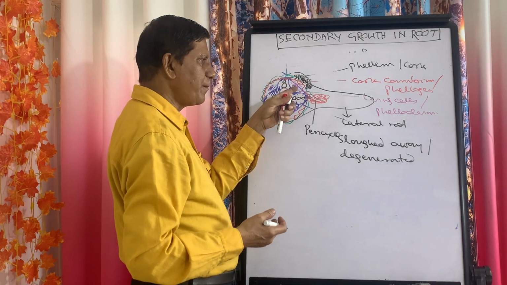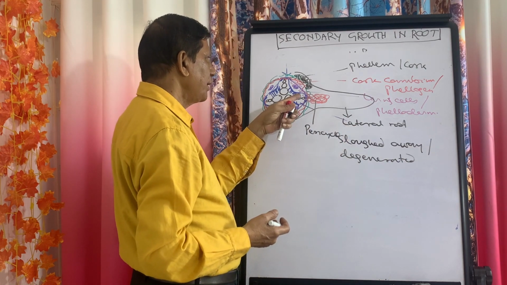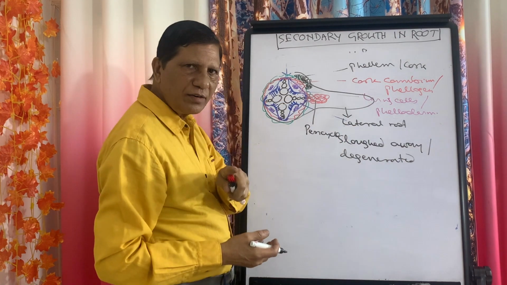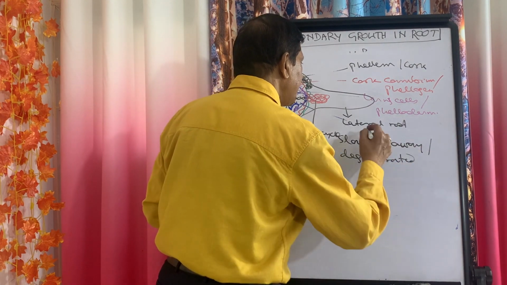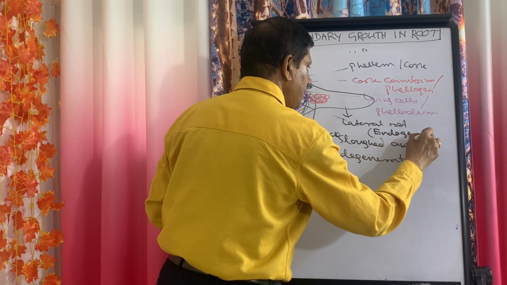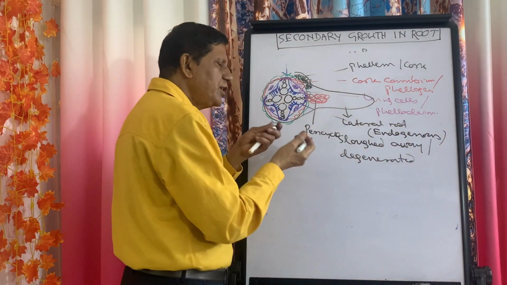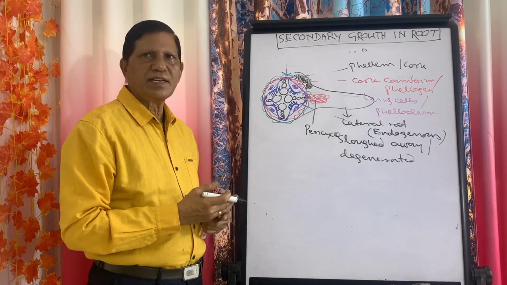That is very important. And since the lateral root comes out from the pericycle, which is a part of the stele, the origin of lateral root is said to be endogenous, because it is coming from within the stele. So this is how the secondary growth takes place in case of dicot root.